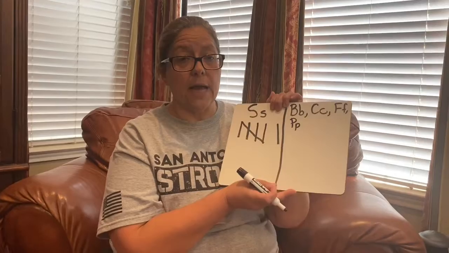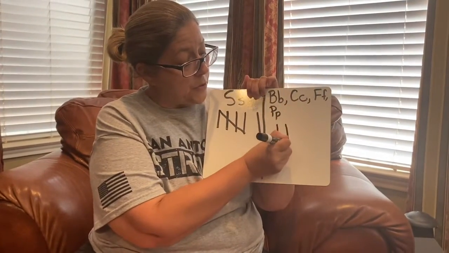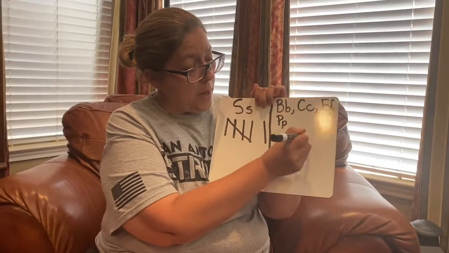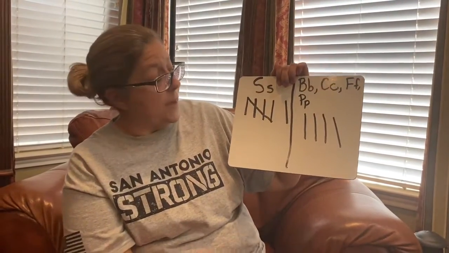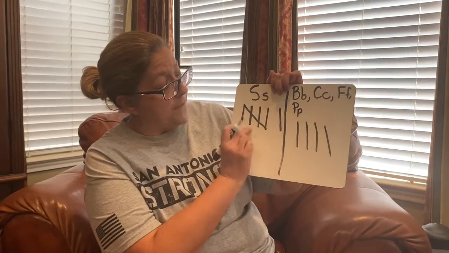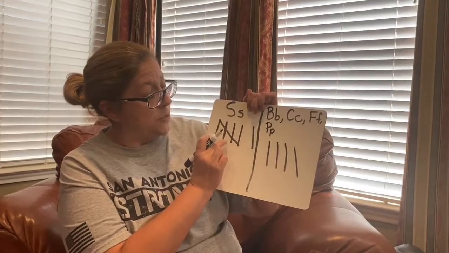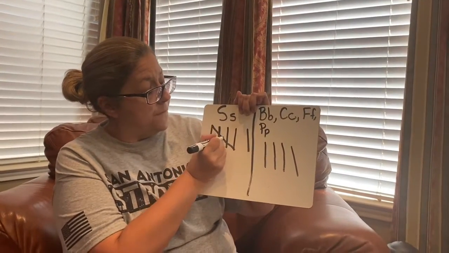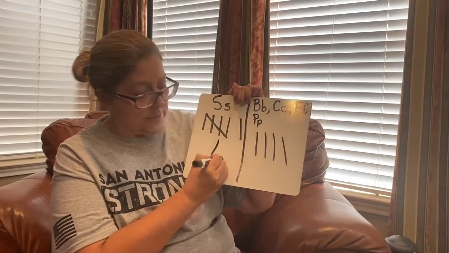So let's make our tally marks and count with me. Ready? 1, 2, 3, 4. Okay, so we did that already. So now here we know that we have 5 and one more makes 6. So 1, 2, 3, 4, 5, 6. I'm writing the number 6.